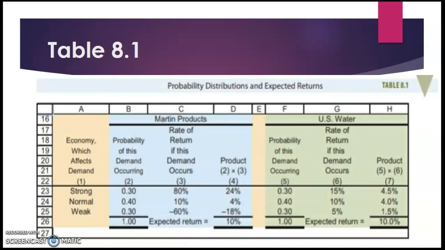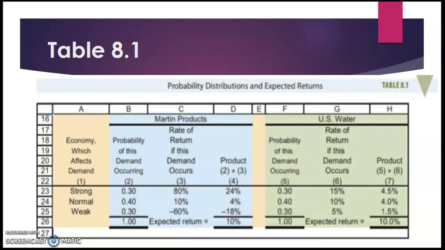Columns 4 and 7 show the products of the probabilities times the returns under the different demand levels. When we sum these products, we obtain the expected rate of return. For each stock, both stocks have an expected return of 10%, and we can graph the data in Table 8.1 as shown later in Figure 8.2.